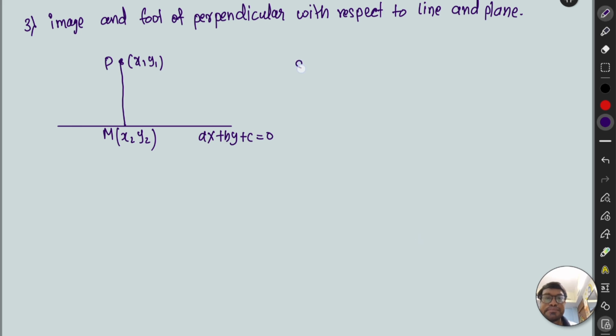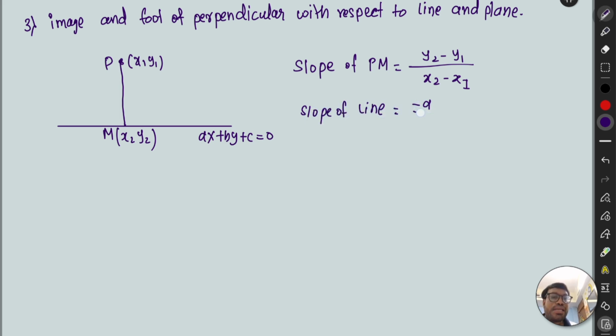As we know, the point M is x2, y2 and the point P is x1, y1. The slope of the two points we can find as y2 minus y1 upon x2 minus x1, and the slope of the line is minus a by b.